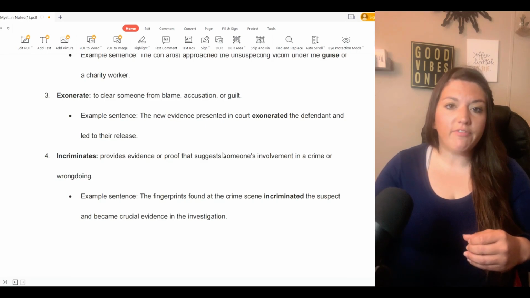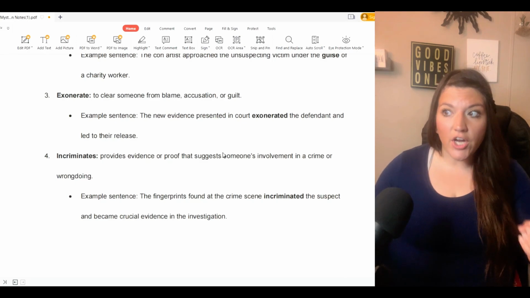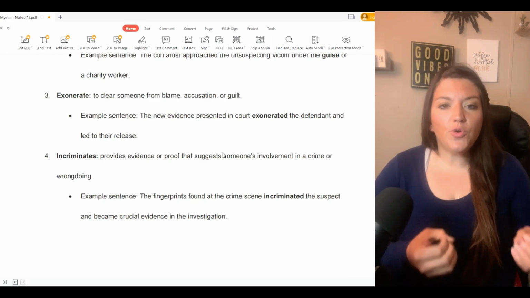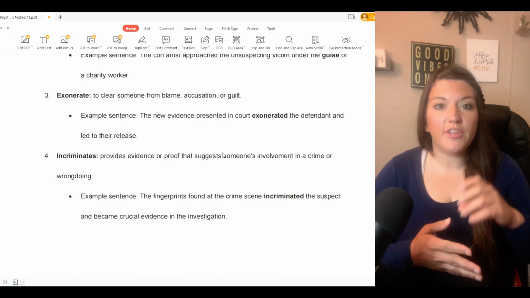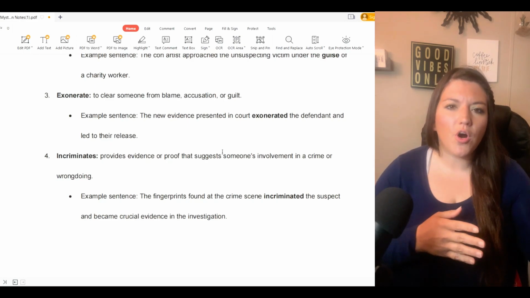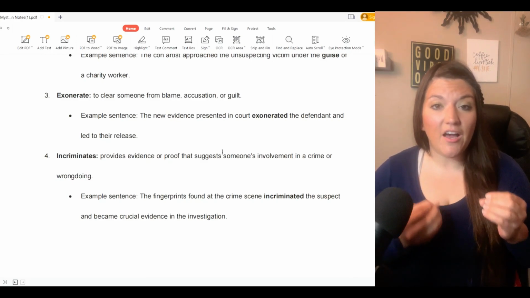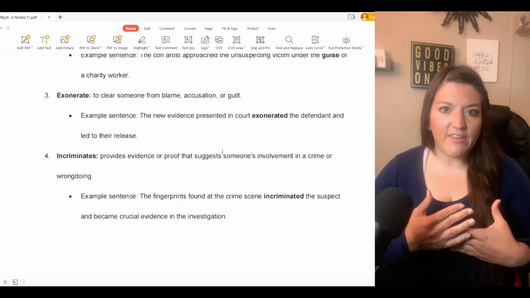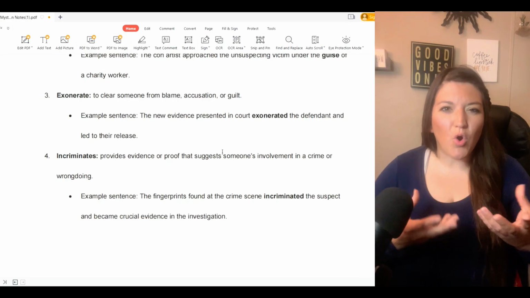The example here I've given is the new evidence presented in court exonerated the defendant and led to their release. So the new evidence exonerated or helped to show that they were not guilty. Now, on the other hand, with number 4, this one is incriminates. Incriminates is the opposite of exonerate. Incriminate means it provides evidence or proof that someone committed a crime or wrongdoing.